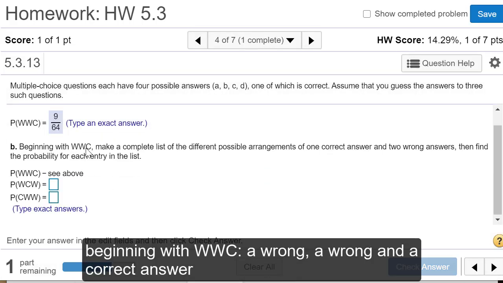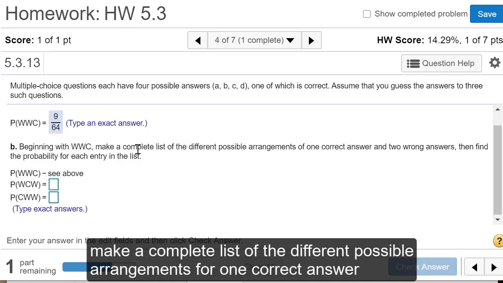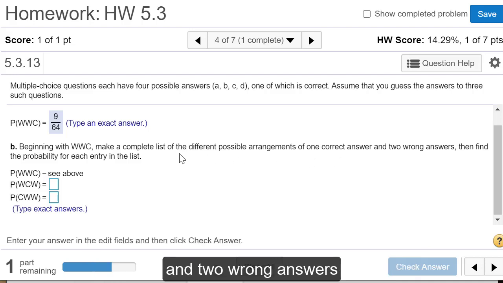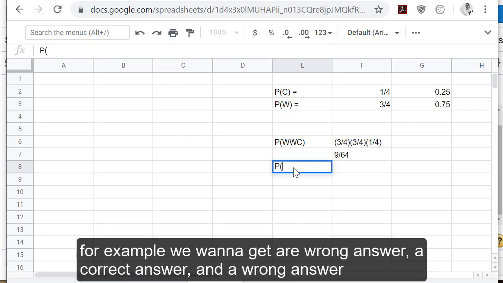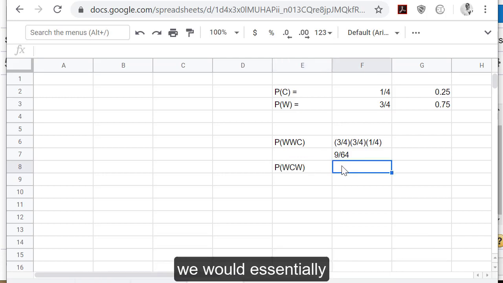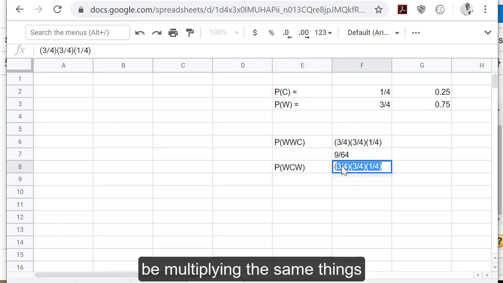Beginning with WWC, a wrong, a wrong, and a correct answer, make a complete list of the different possible arrangements for 1 correct answer and 2 wrong answers. If we change the order, for example, a wrong answer, a correct answer, and a wrong answer, we would essentially be multiplying the same things.